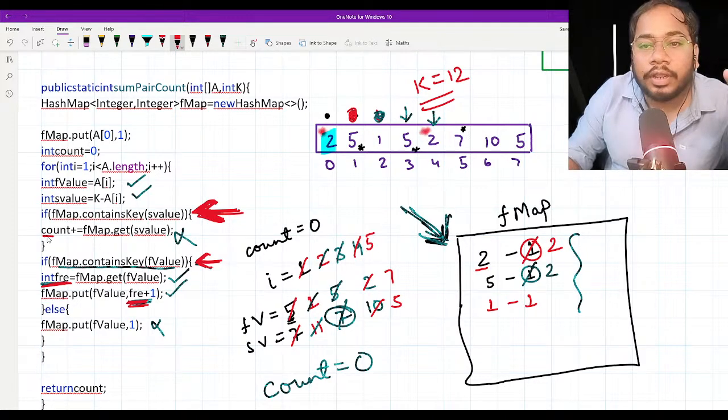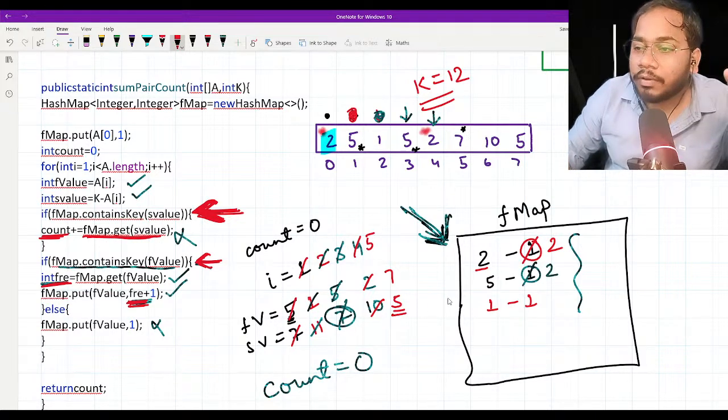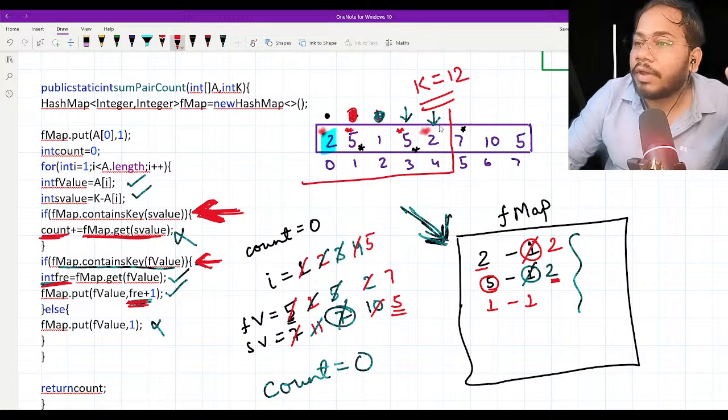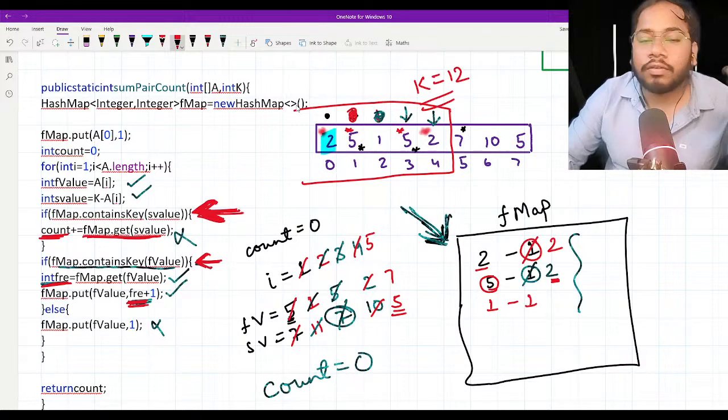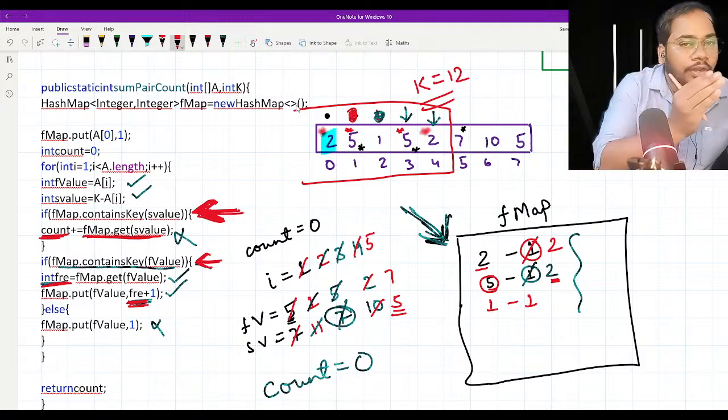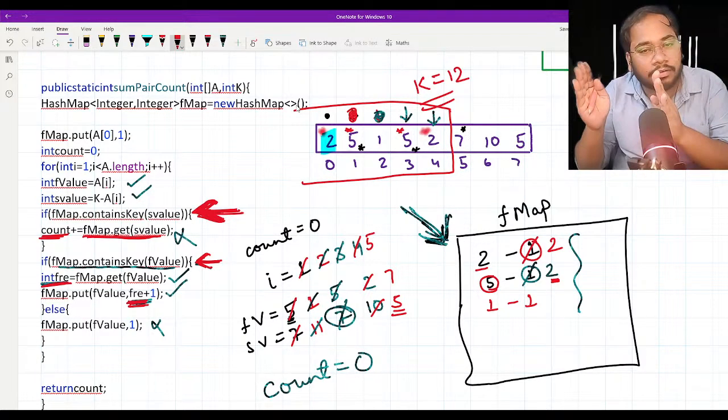So you have to increment the count with the frequency of that second value. The second value is 5. 5 is present how many times? It is present 2 times, right? 5 is present 2 times before this 7, because we are checking the previous values only, not the later ones.